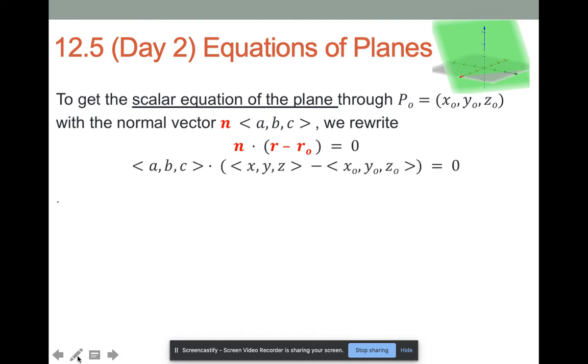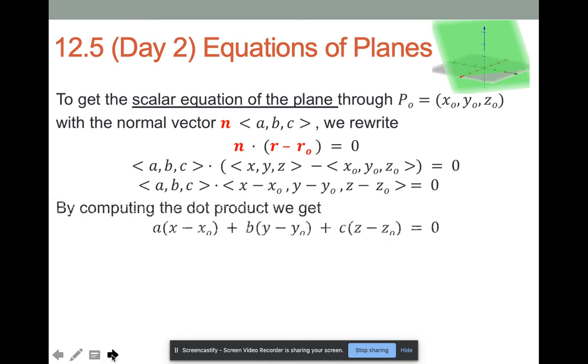So n, remember, is a comma b comma c, and then r minus r sub 0 is just the x, y, and z of any point on the plane minus the x, y, and z of my fixed point on the plane. I'm going to use my properties of how to subtract vectors to get one x component, one y component, and one z component, and then I'm going to do the dot product. Check out what I've got there.